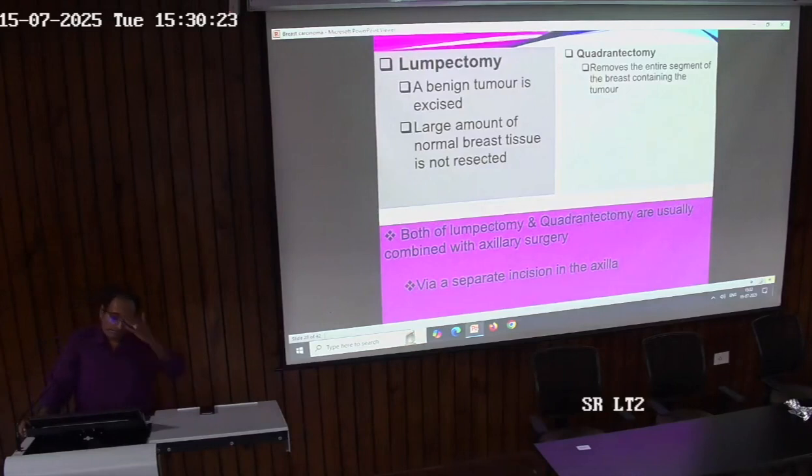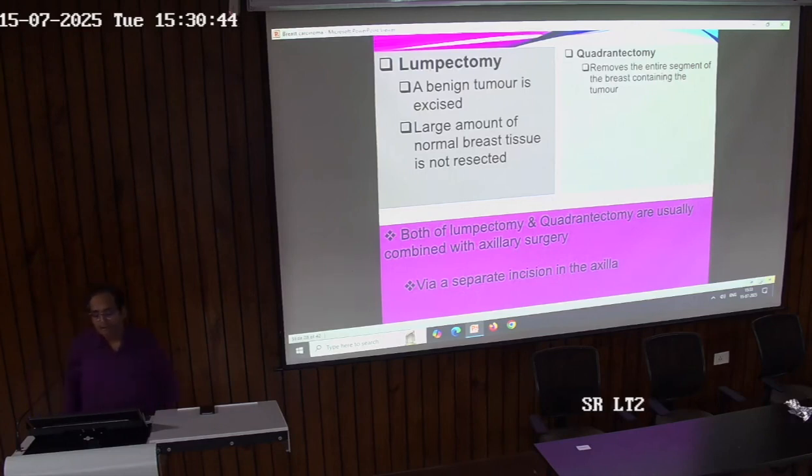Now these are the different terms which we use for removing breast tissue in the OT. Sometimes you will see it written in the operative procedure: lumpectomy, quadrantectomy. The same type of terminology is used in liver resection: segmentectomy, trisegmentectomy, hepatectomy. This is a lumpectomy.